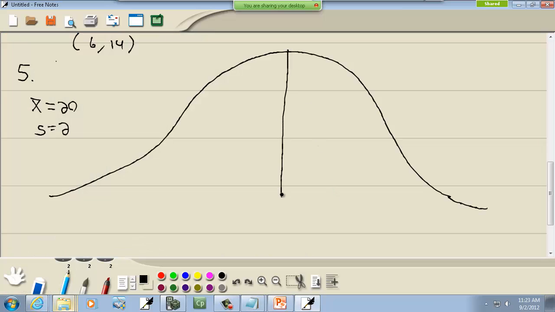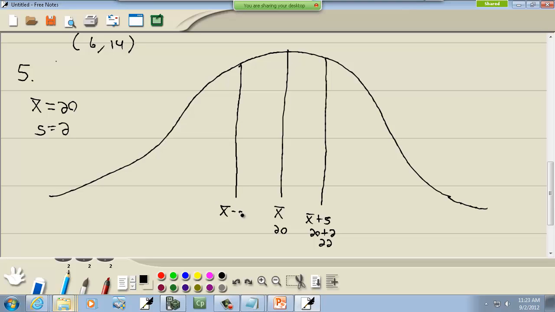Exactly in the middle is our mean. So that'd be 20. Going one standard deviation on both sides, this would be x bar plus one standard deviation, that's S, not 5. That would be 20 plus 2, so that'd be 22. Now going out this way, this would be x bar minus S. So this would be 20 minus 2, or 18.